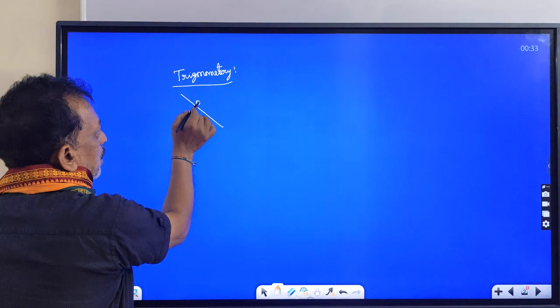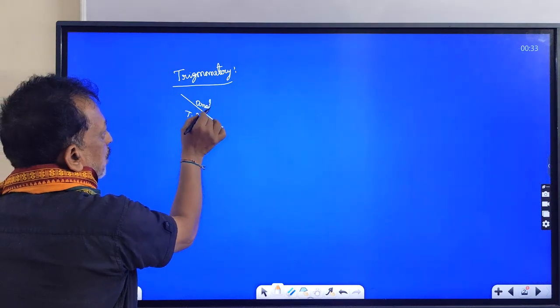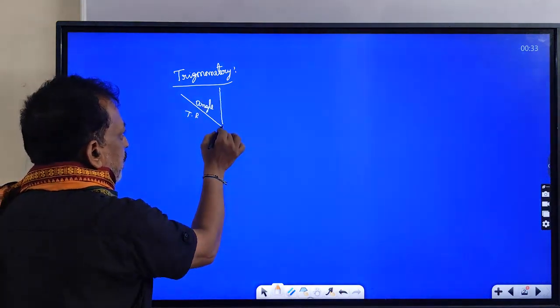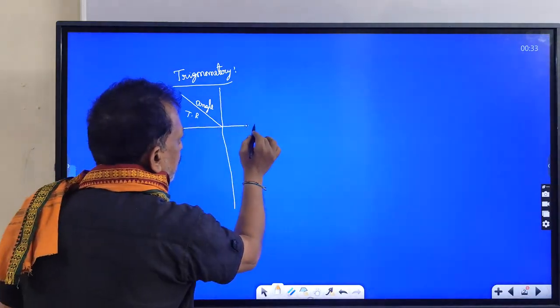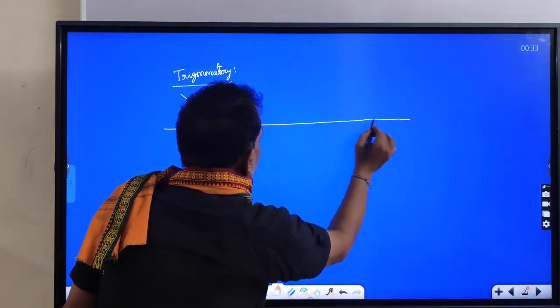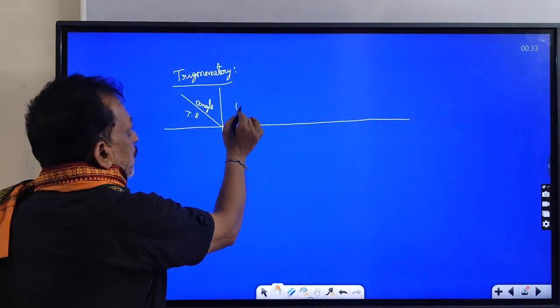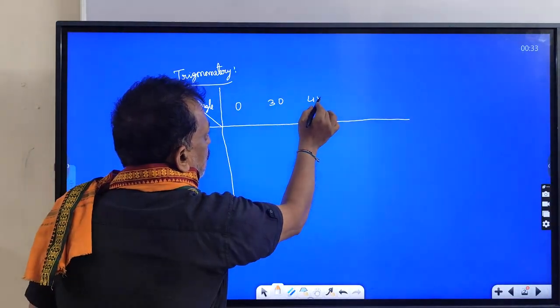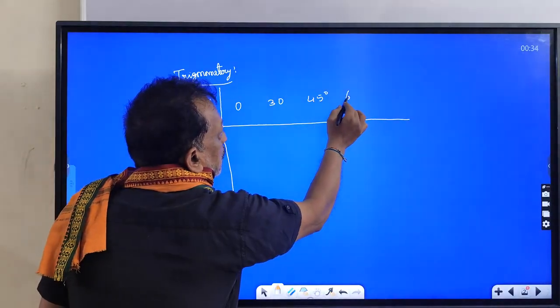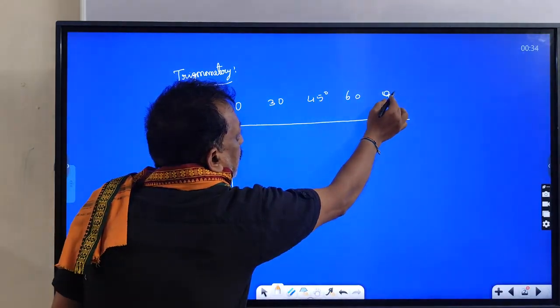I am writing a table also, but if you want to find any angle in between, I'll give the shortcut easily. The angles are 0 degrees, 30 degrees, 45 degrees, 60 degrees and 90 degrees.